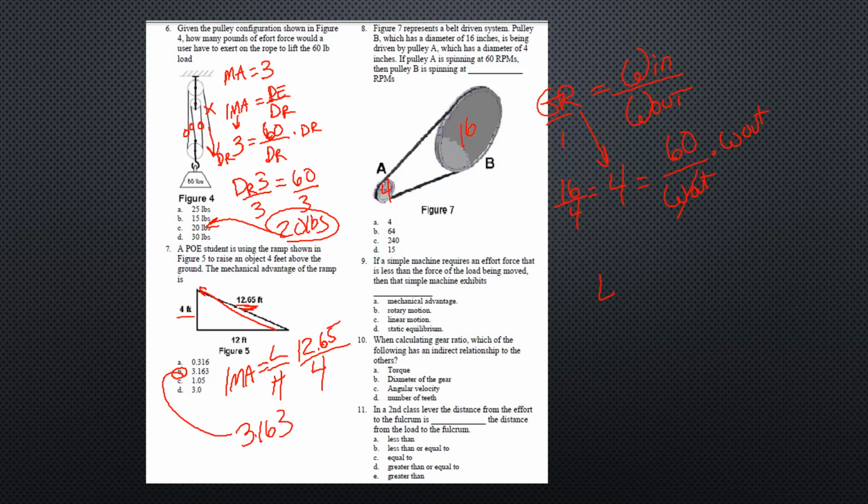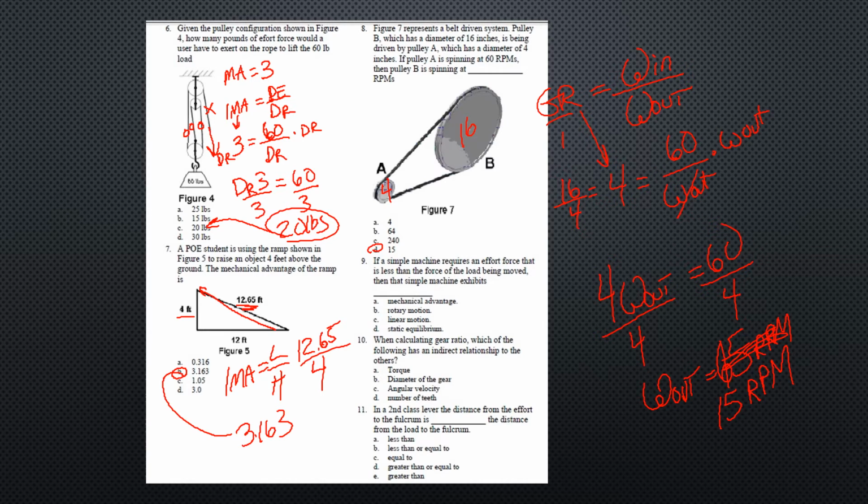So 4 times the speed out is equal to 60. Get rid of the 4, divide both sides. So my speed out is 15 RPM. So that is option D.